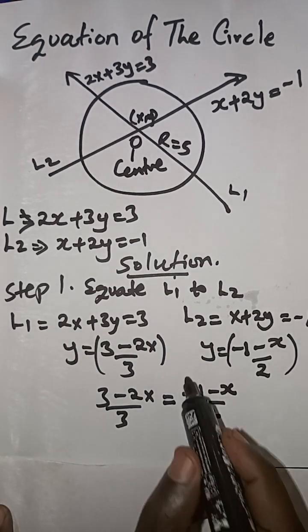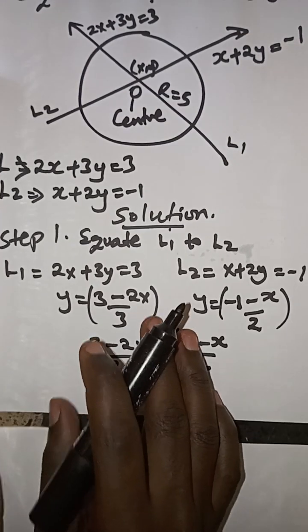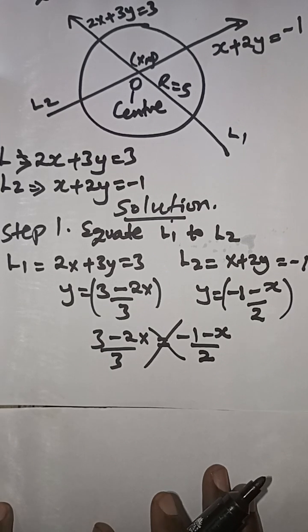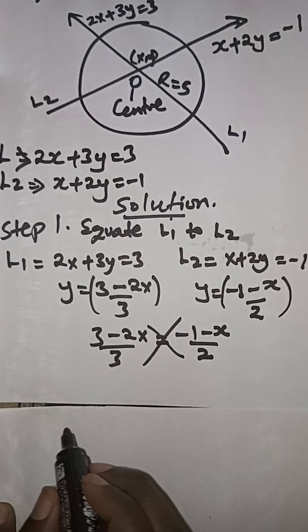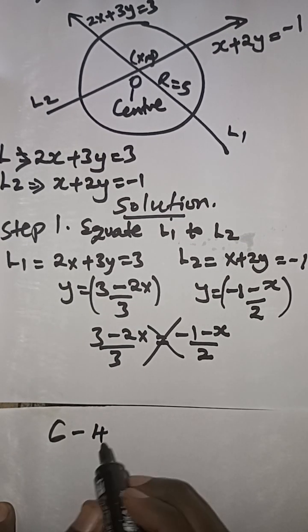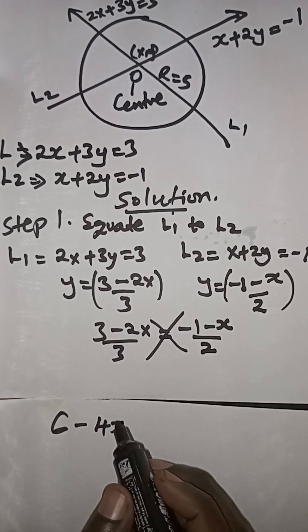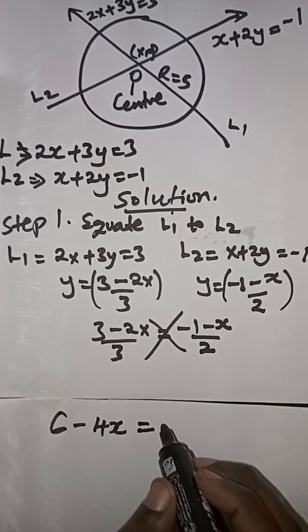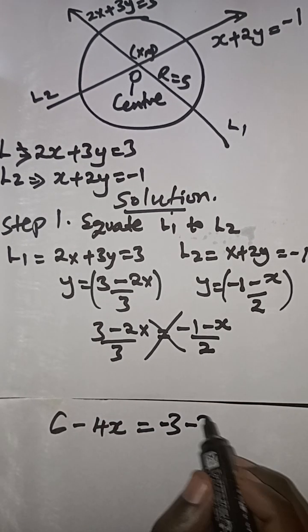Next step, I'm going to cross multiply the two equations so that I end up with 6 minus 4x equals -3 minus 3x.